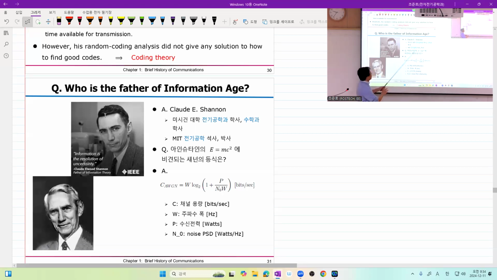Then, after getting the bachelor's degree, he moved to MIT and continued his study in communications. He was one of the first electrical engineers who seriously combined probability theory with communication theory. Even before him there were engineers who combined probability theory with communications, but he was really serious in doing that.